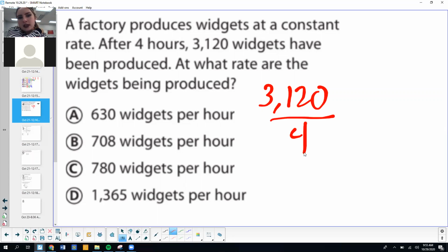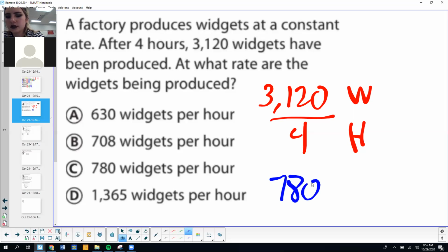The reason we're doing that is we want to figure out widgets per hour. So we're going to take widgets divided by hours. 3,120 divided by 4 gives me 780. So 780 widgets in 1 hour. So that means that C is our correct answer for that one.